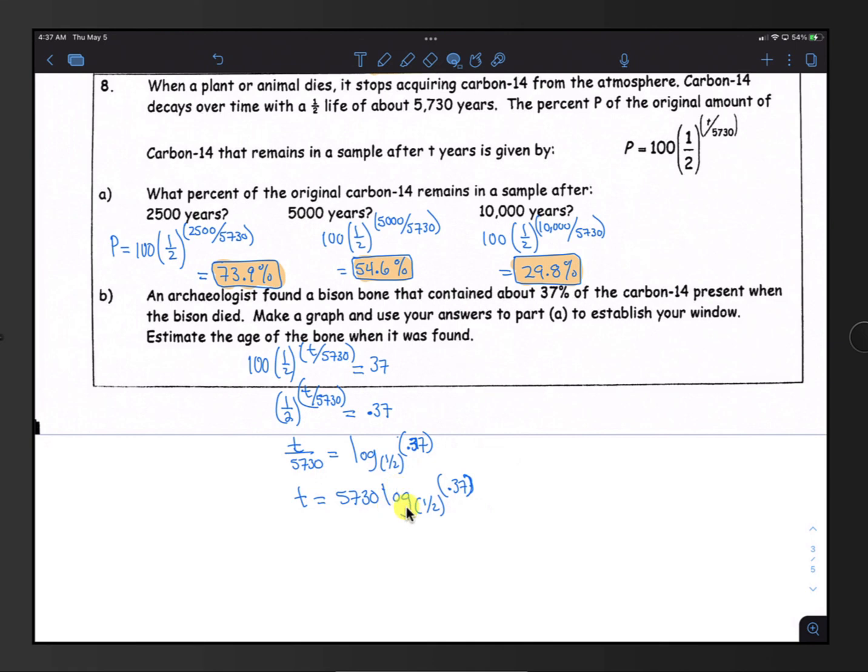Well, we can put all of that in the calculator, and that's going to give us 8219.1 years. So over 8,000 years is how long it would take for the bison bone to have reached 37% of its carbon-14 content. All right, so that's how old it was when the bone was found.